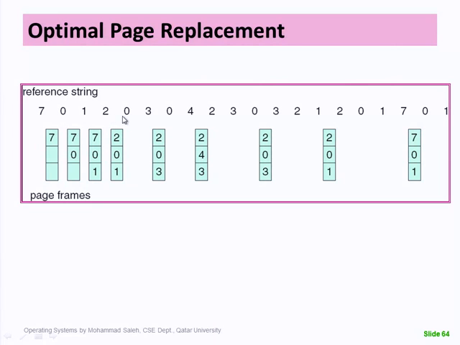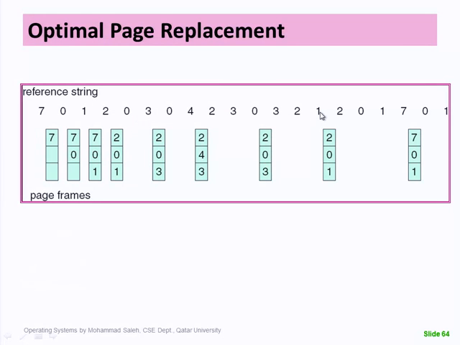So if you look at the future, starting from this point, we find that 0, which is in memory here, is going to be referenced soon. And then after that, we find that we have also 1, which is here in memory, to be referenced soon.